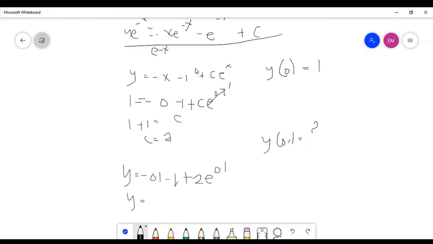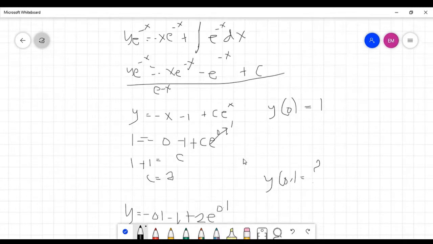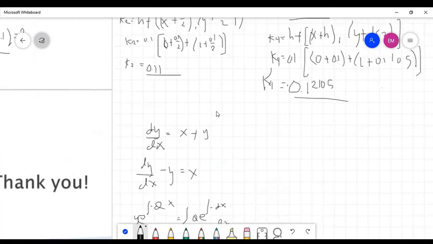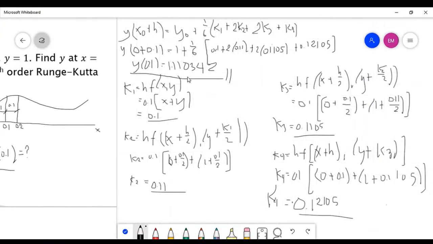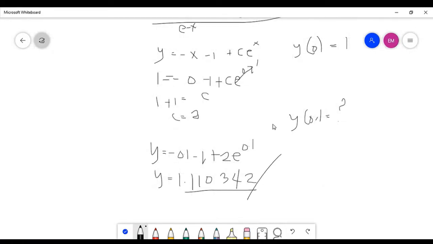So the result here is 1.110342. So let's check again our answer. So recall 1.110342. Our answer here is the same. So this one and this one came up with the same result.